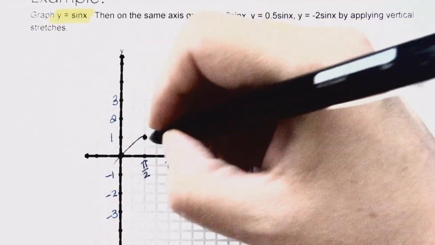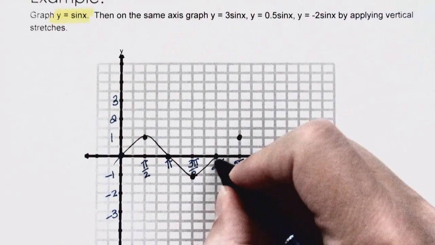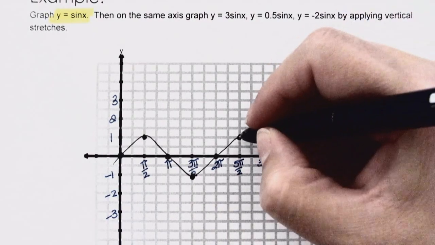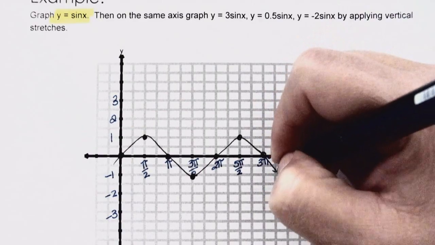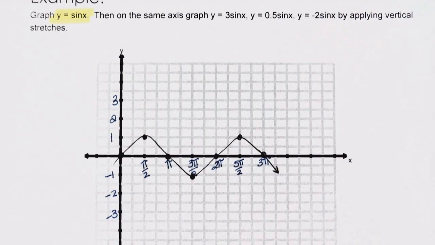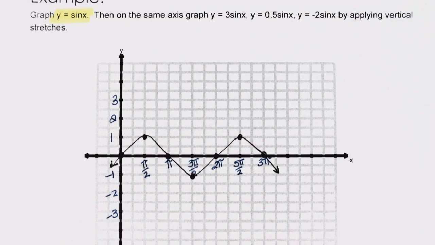Now this graph does not have a restricted domain on it. So what do I need? Arrows. FYI, for your sine function, the arrows need to be pointing in the correct direction.